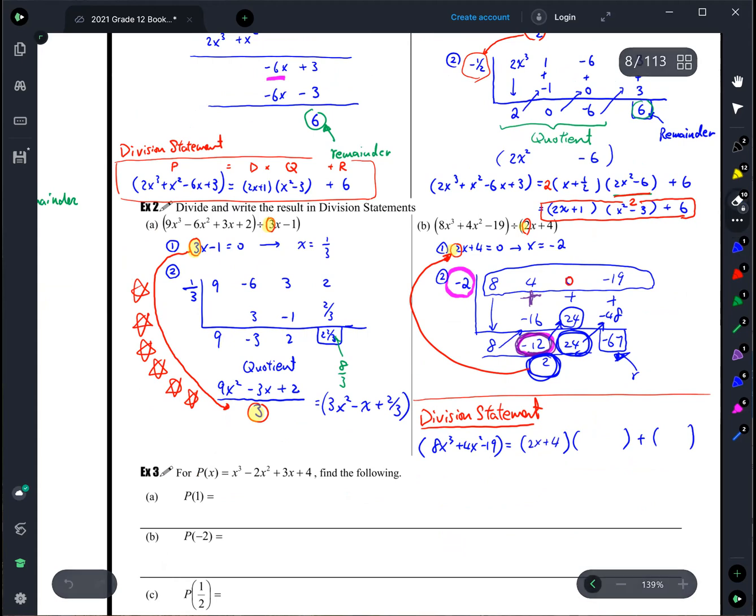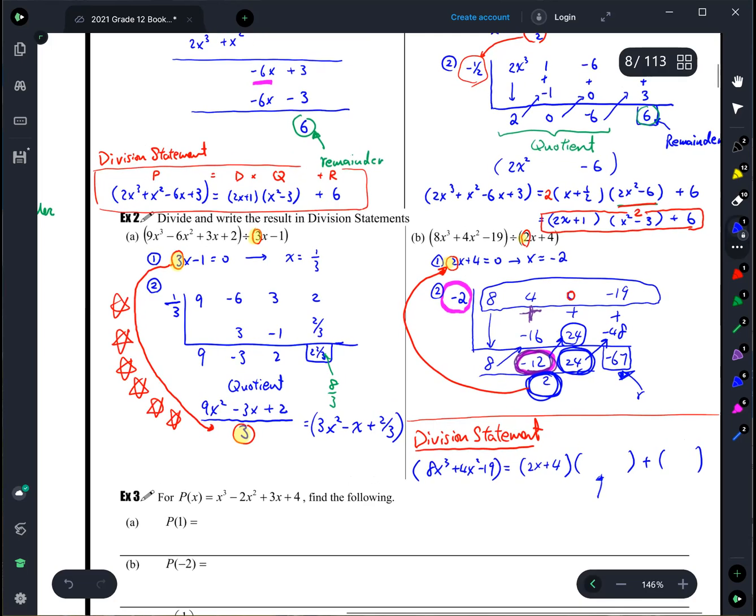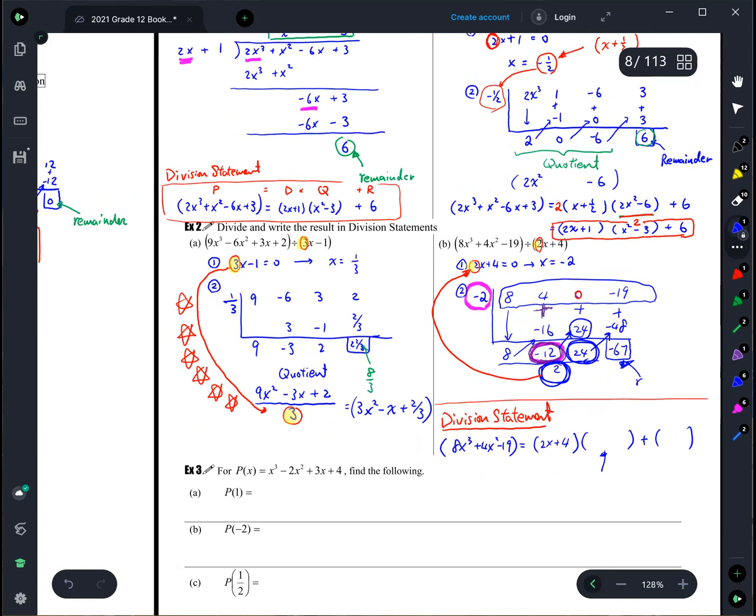Now the quotient. Caleb, what do we put into the quotient? What's our quotient in your synthetic division? You finished the synthetic division, right?